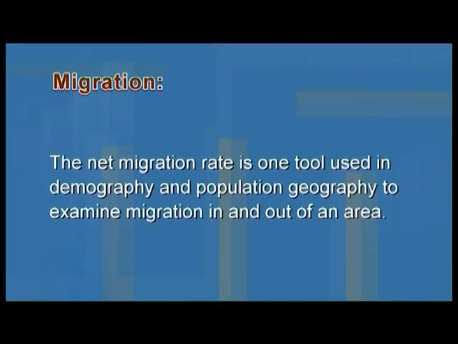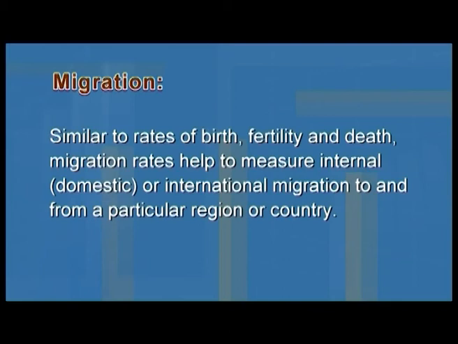Migration and immigration are both hot-button political issues. The net migration rate is one tool used in demography and population geography to examine migration in and out of an area. Similar to rates of births, fertility, and death, migration rates help to measure internal, domestic, or international migration to and from a particular region or country.